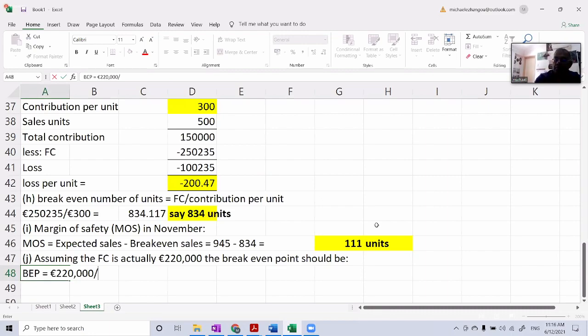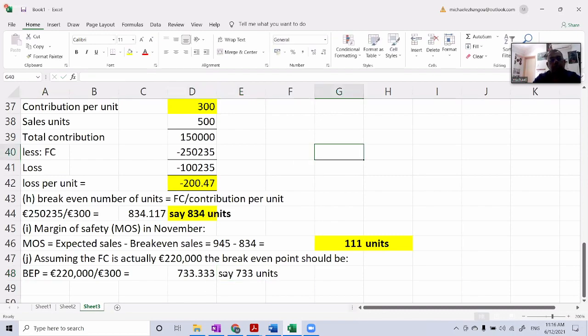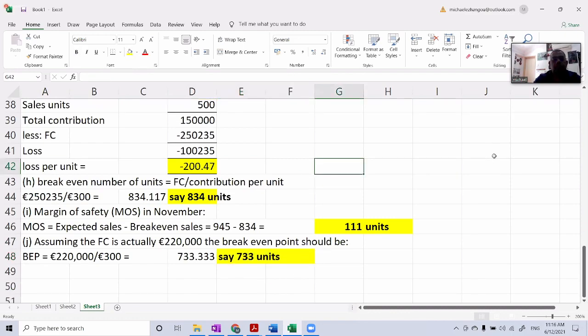Yes. You will get a funny number. Unit. Right.